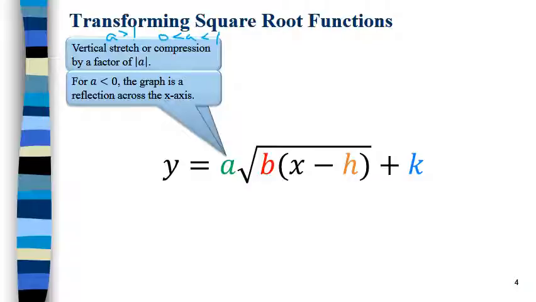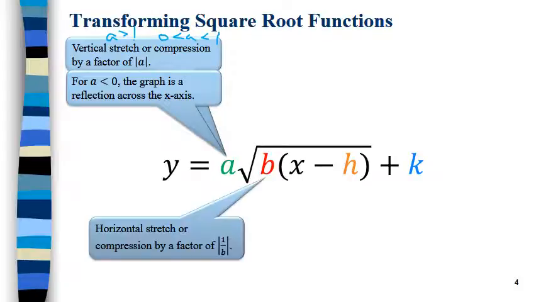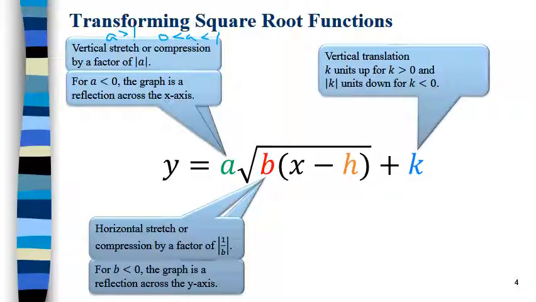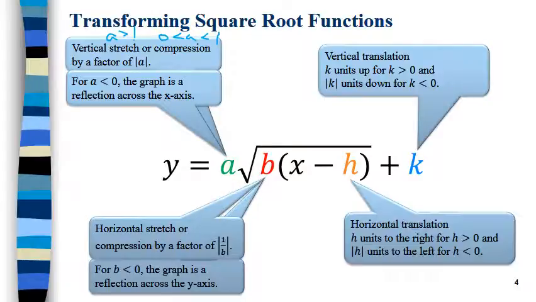Remember, when a is less than 0, we're talking about a reflection across the x-axis. B is your horizontal stretch or compression by a factor of 1 over b. And when b is negative, we're going to reflect across the y-axis. K is still our vertical translation up and down, and h is our horizontal translation left or right.